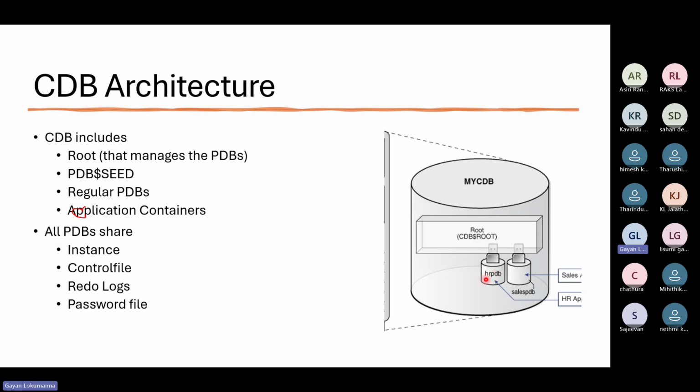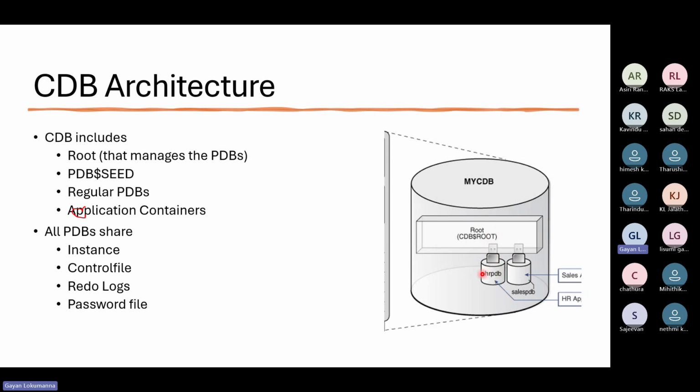Let's say you have a schema called HR, and that HR will have its own data, tables, and within the tables, the data. That will not be part of the root anyway, but root will have access to the metadata which the HRPDB has.